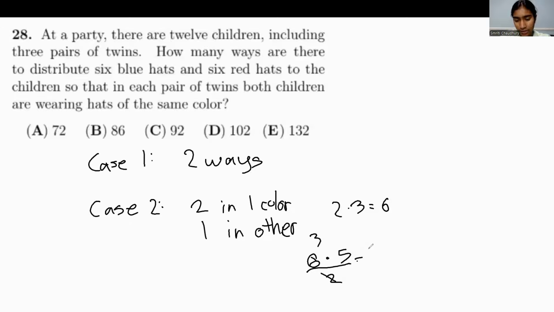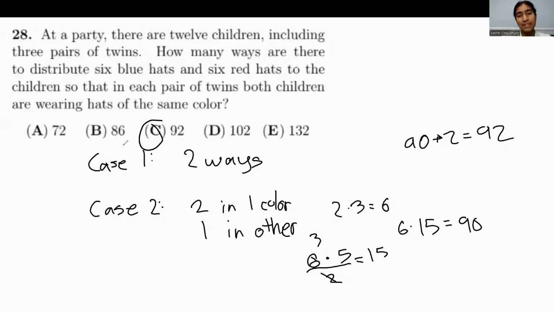So we have 15. So then the different ways to pair up the twins and the other children, 6 times 15, which is 90. So the total number of ways to distribute the hats is 90 plus 2, which is 92. So our answer is C.